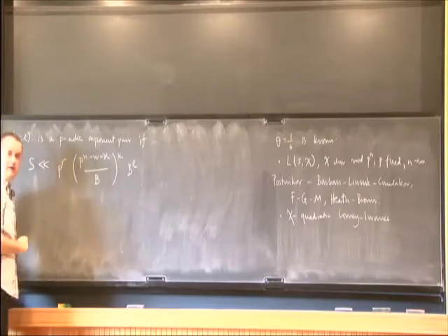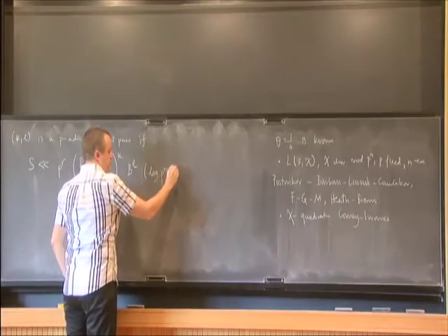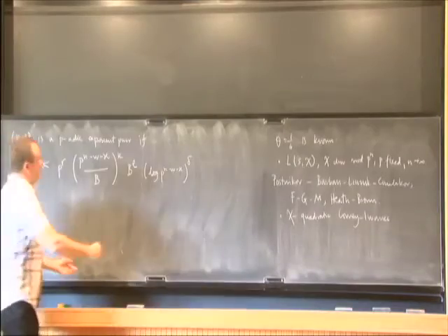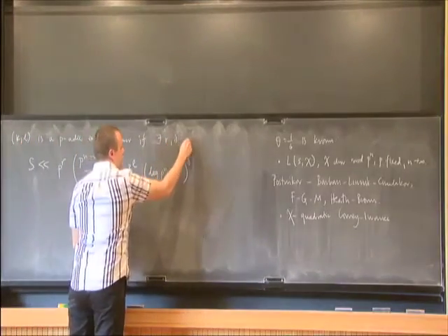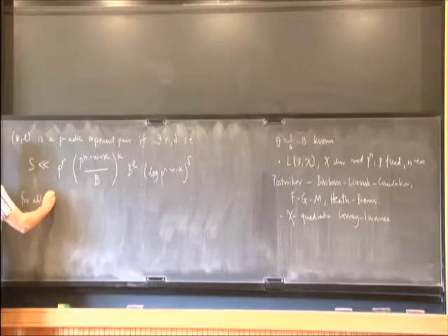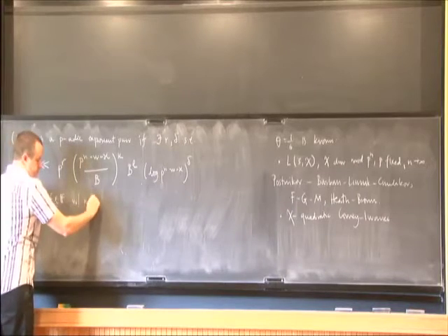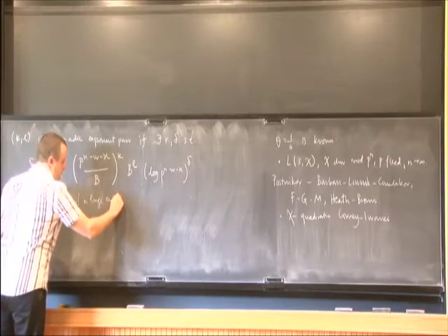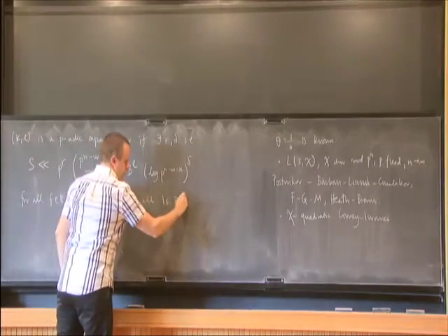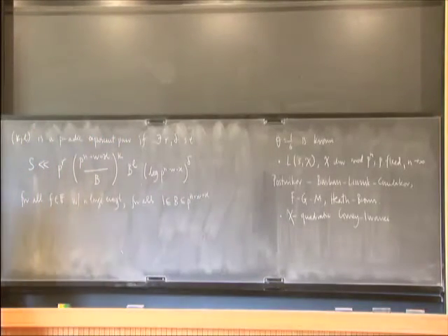So I'm going to allow some p^(2r) here, and I'm also going to allow the logarithm of p^(2n-w-kappa) to some power. Okay? So if there exists r and delta such that this estimate holds for all f in F with n large enough, and for all b between 1 and p^(2n-w-kappa). So it needs to be completely uniform in b.